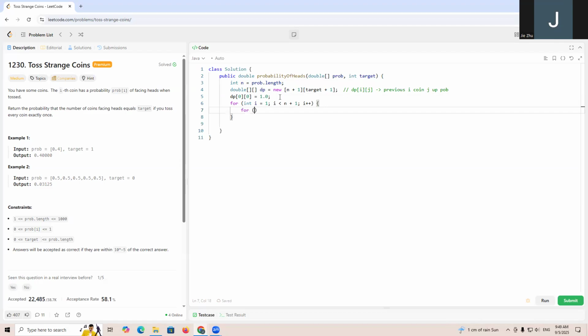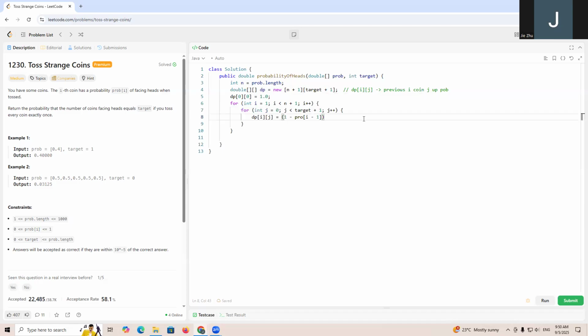For int j equals 0, j is smaller than target plus 1, j plus plus, we're going to have dp[i][j], which should have two parts. Because j can be 0, first it's coming from probability i minus 1 multiplied by dp[i minus 1][j].